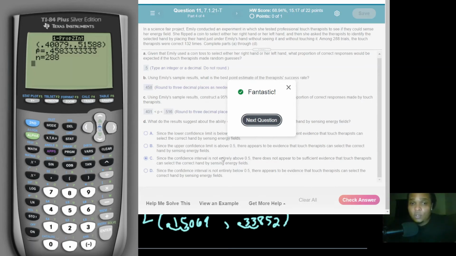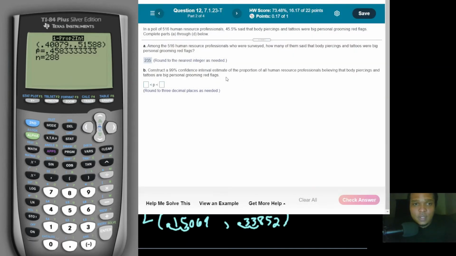If you ever get this question, focus on the part saying it is not entirely above 50%. Just focus on that and adjust yourselves accordingly.